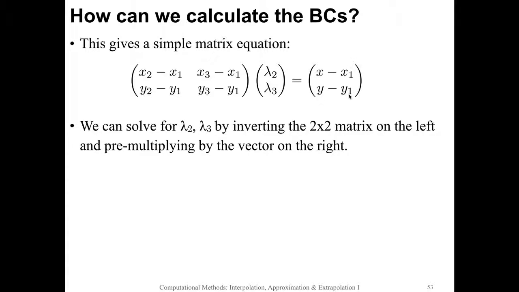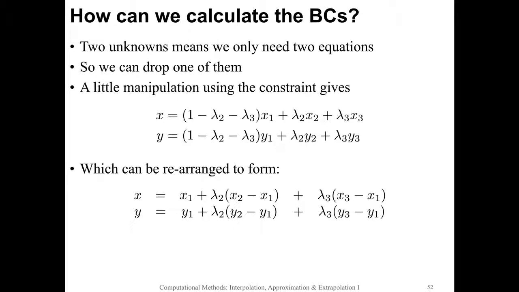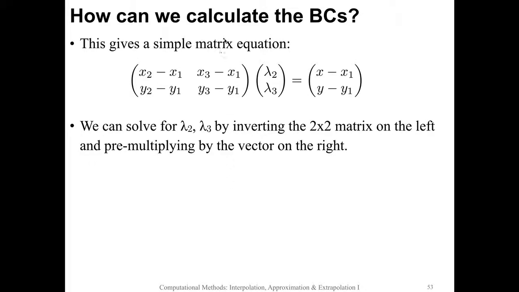If we just go back to the original from the previous slide, you can just see what we've done is to move these terms over to the other side and to rewrite this part here as a matrix multiplication, and that's written here. So we can solve here for lambda 2 and lambda 3 very easily by just inverting a 2 by 2 matrix. And we take that inverse and pre-multiply it by this vector on the right, we'll get our lambda 2 and our lambda 3.